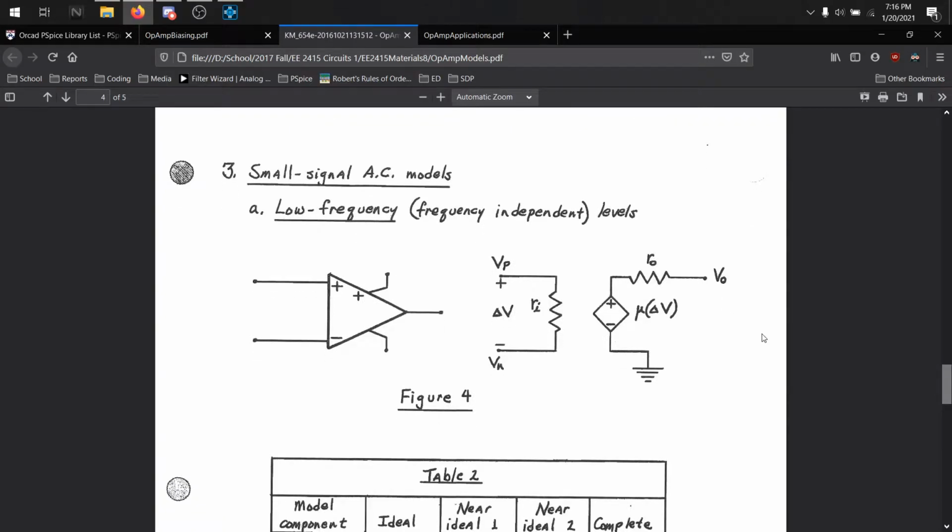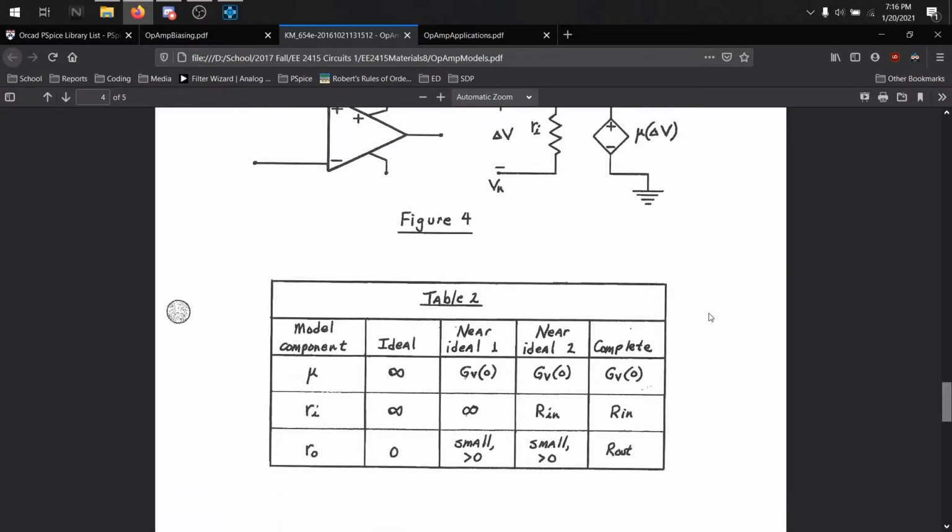But if we go to the small signal model for the AC, this is where everything gets interesting. DC is fine and all, but AC is where all the fun stuff happens. Remember how I told you that this resistor is very, very large? That's how you get the difference in voltage for the voltage-controlled voltage source. Your mu is going to be your gain. Rout is going to be a resistor because it has some resistance, but you want it to be as small as possible.